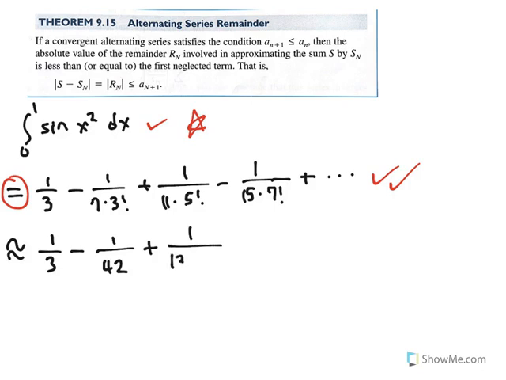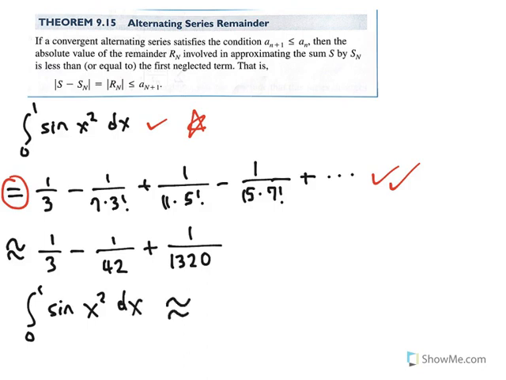11 times 5 factorial is 1,320. 7 times 3 factorial is 42. So what is that approximately equal to? That is approximately equal to, and again, this is approximating what?